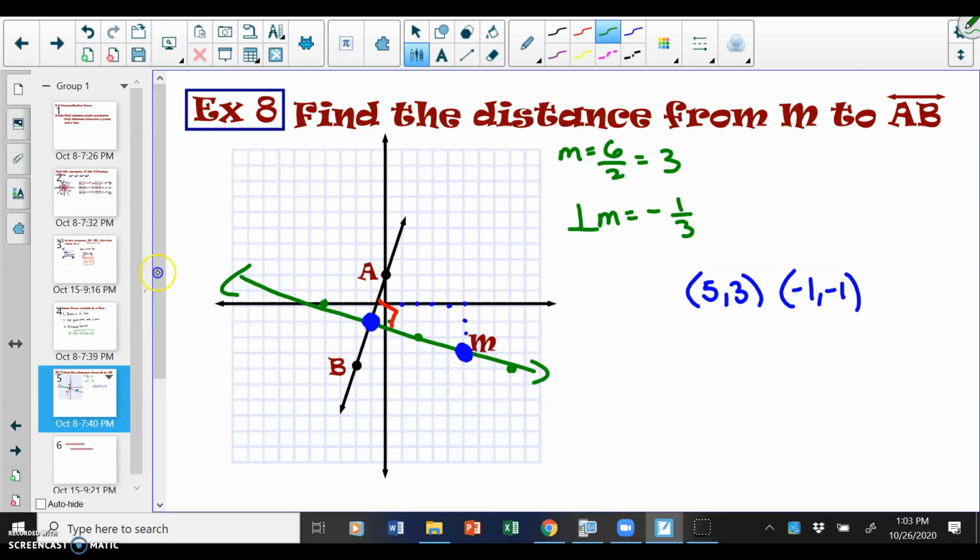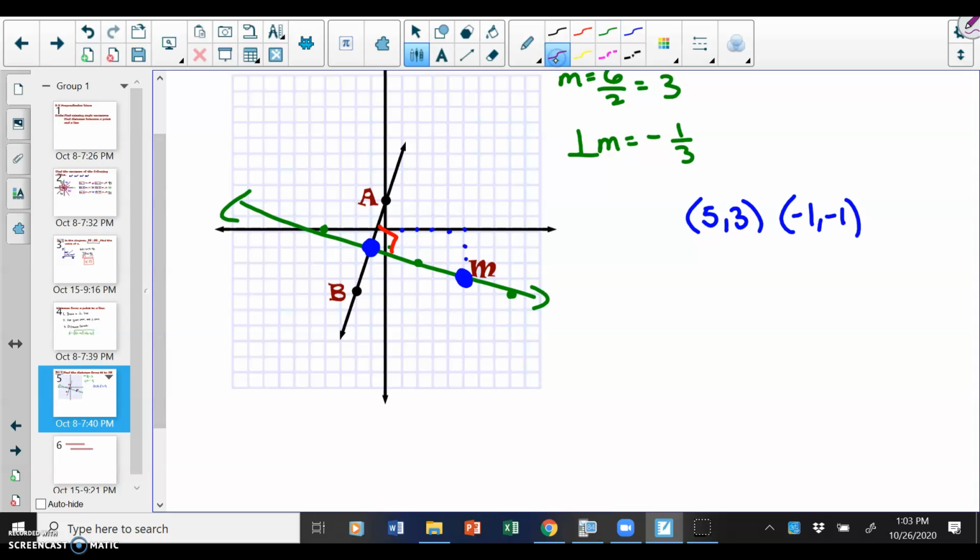Now we can use our distance formula. So we have d equals the square root, and take my x's together, 5 minus negative 1 squared plus my y's together, 3 minus negative 1 squared.